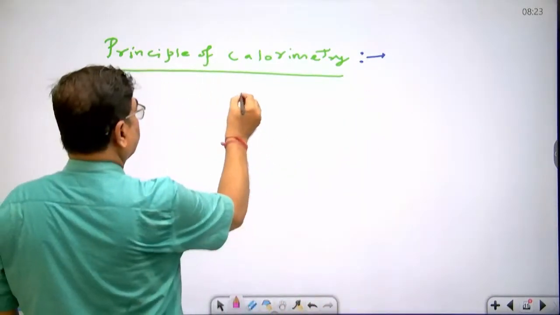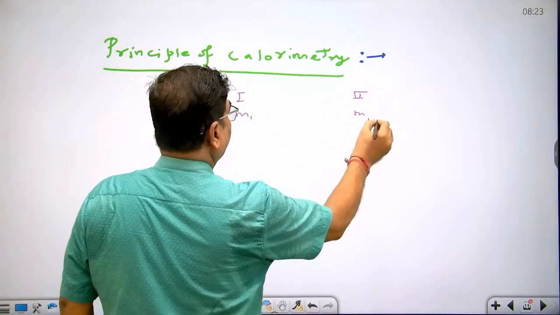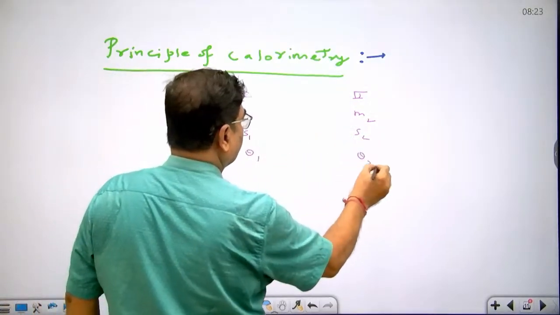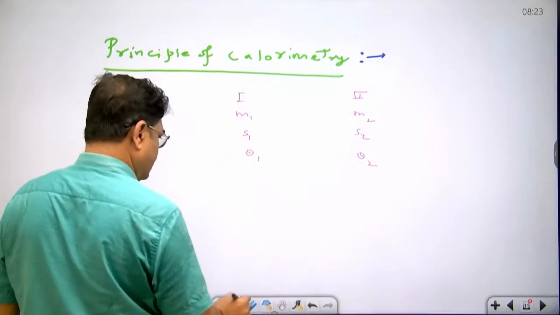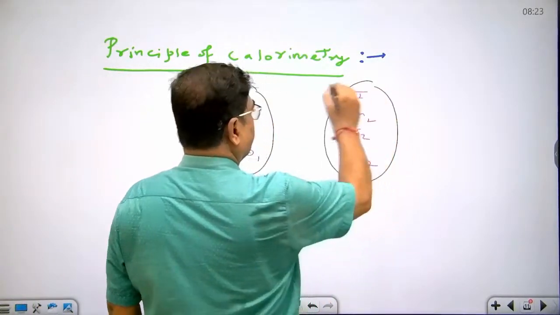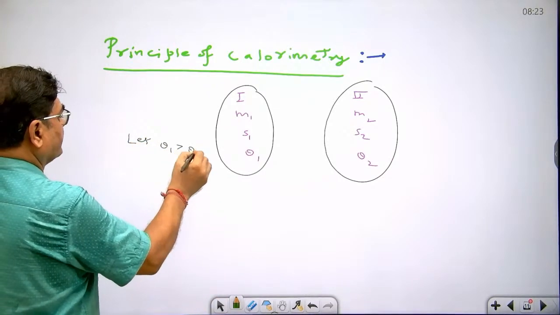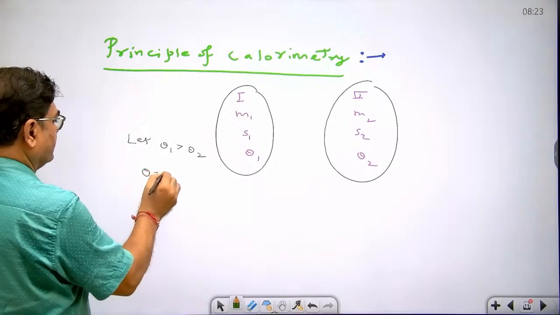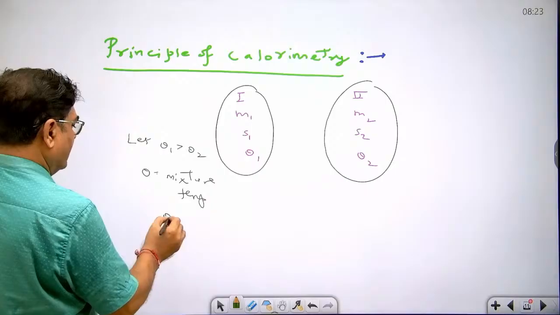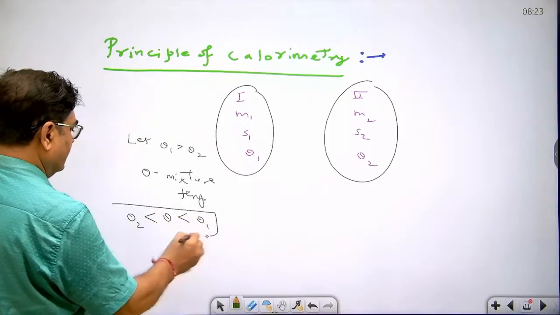When two liquids of masses M1, M2, specific heats S1, S2 and temperatures theta 1, theta 2 are mixed in a container, then what happens? The high temperature liquid loses heat and the low temperature liquid gains the heat. Okay. Let us assume theta 1 is greater than theta 2 and theta is the mixture temperature. The mixture temperature always remains more than the lowest temperature and less than the highest temperature.